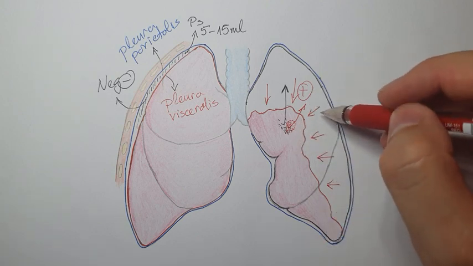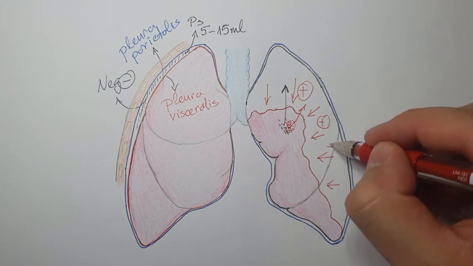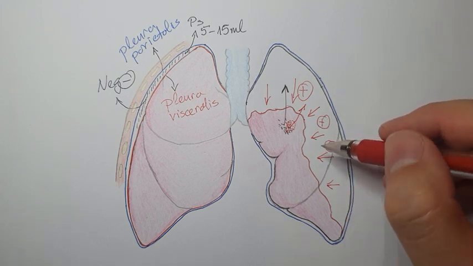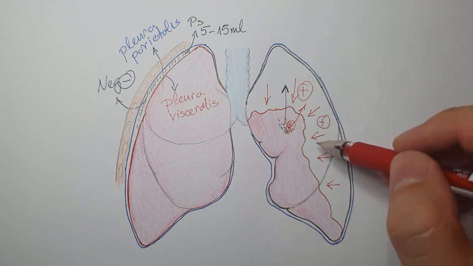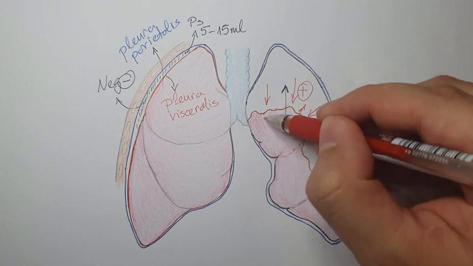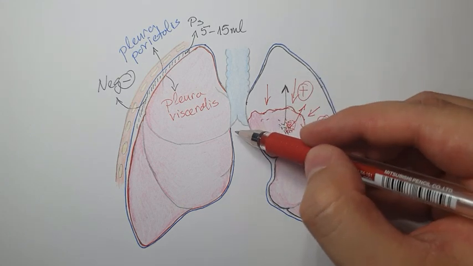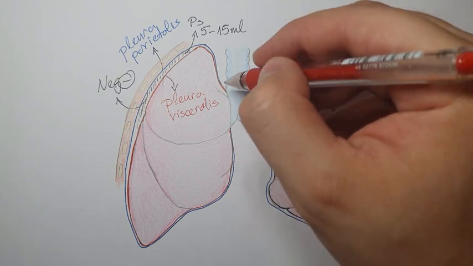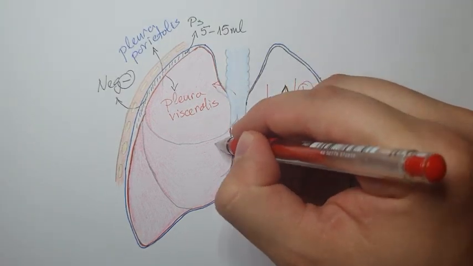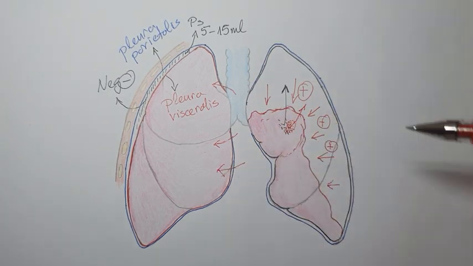Then air is constantly building up and the pressure is constantly rising. That is called tension pneumothorax, and that is very bad, because the whole lung will collapse into a bulge like this, and then the tension pneumothorax will start pushing the heart, the trachea and the big vessels of the heart to the other side, and that can be life-threatening.